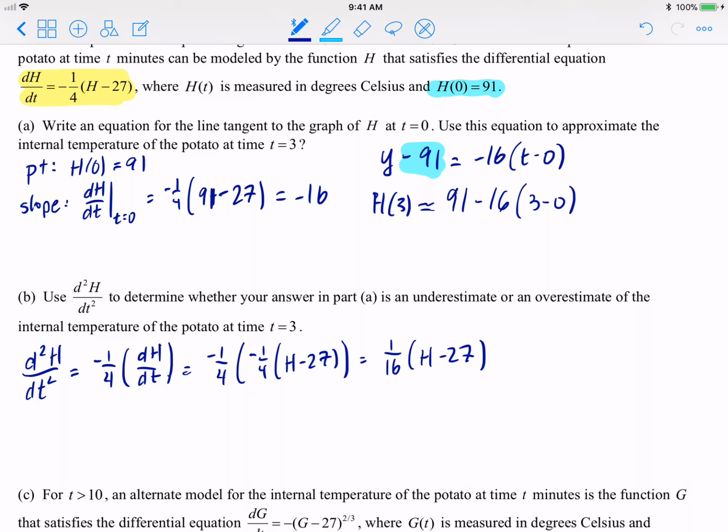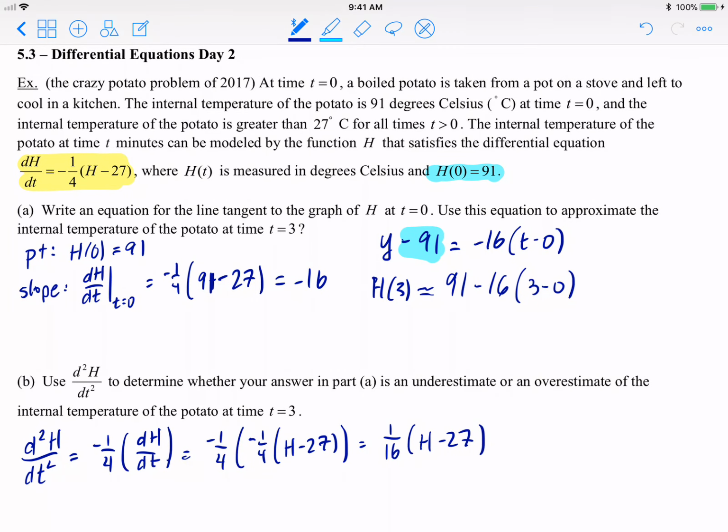Now, how do I determine if my answer in part A is an underestimate or an overestimate? Well, I remember that the second derivative tells me about concavity. And so I want to try to determine, is this second derivative positive or negative? And that'll tell me something about the concavity of h at t equals 3.